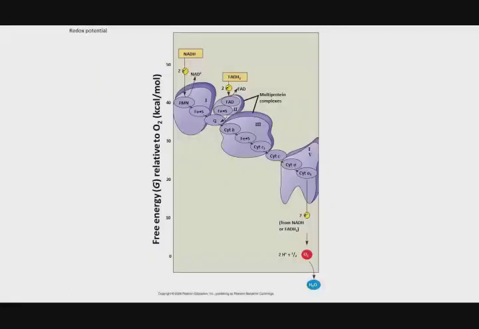So let's look at this. So again, here are our NADH and our FADH feeding into the electron transport chain proteins. And as I hand off the electron through the various proteins in those complexes, I can use it to pump protons against their concentration gradient. That's what the energy from your food is used for, to pump protons against their concentration gradient.